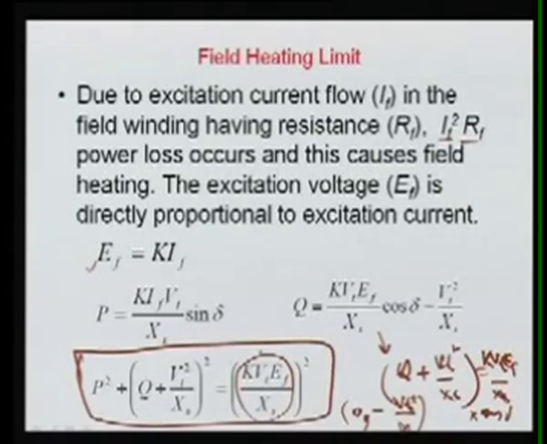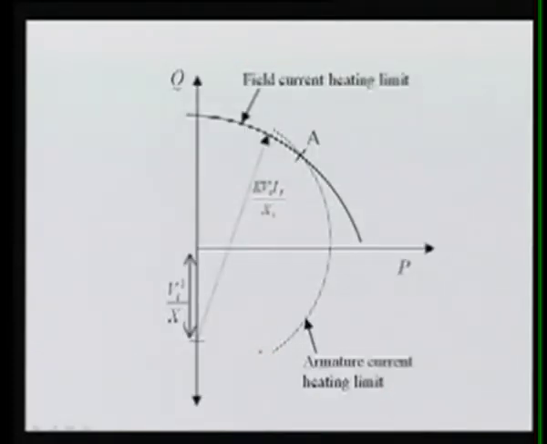So, if we draw the circle corresponding to this, we will get a curve like this. This dotted curve was a circle related to this, if you remember, the Vt Ia. Now, due to the field heating limit, the origin of this field current equation is here, 0 and this minus value.